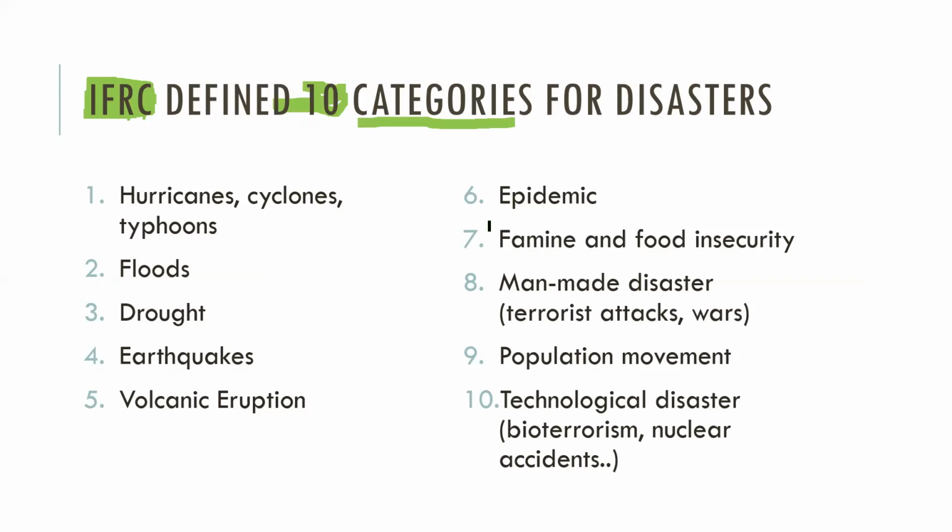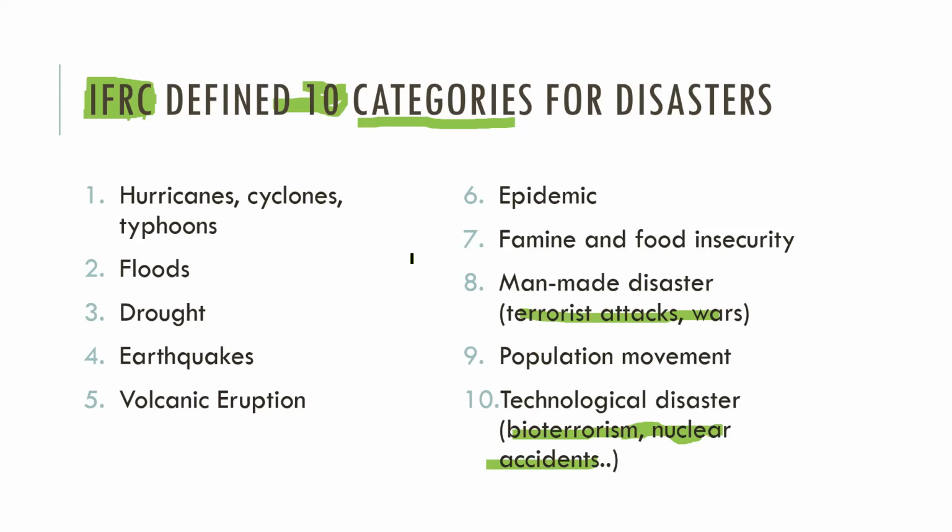And they said there are 10 types of disasters: hurricane, flood, drought, earthquake, volcanic eruption, epidemic, famine and food insecurity, man-made disaster like terrorist attack and war, population movement, and technological disaster. These are the main 10 disasters that can occur on Earth. Are there other types of disaster? Yes, in other classifications they added some other types, but we are going to stick with these 10.